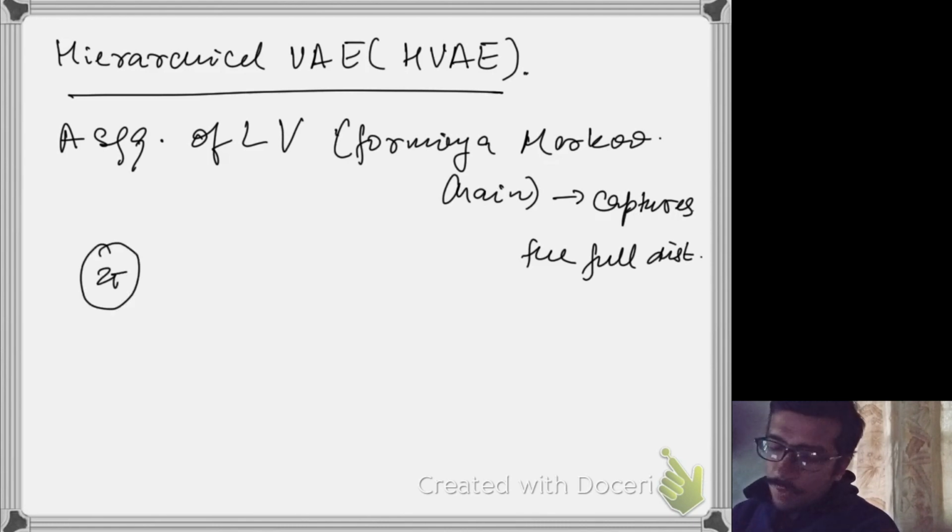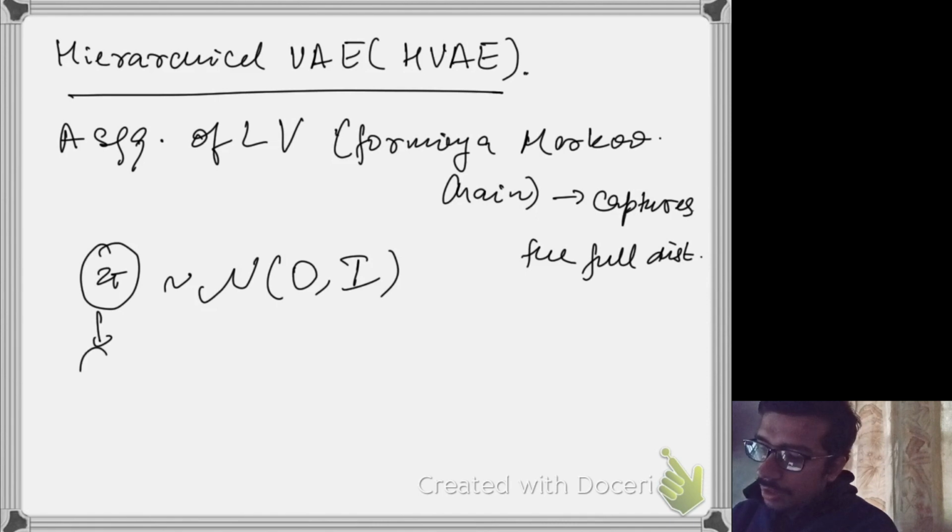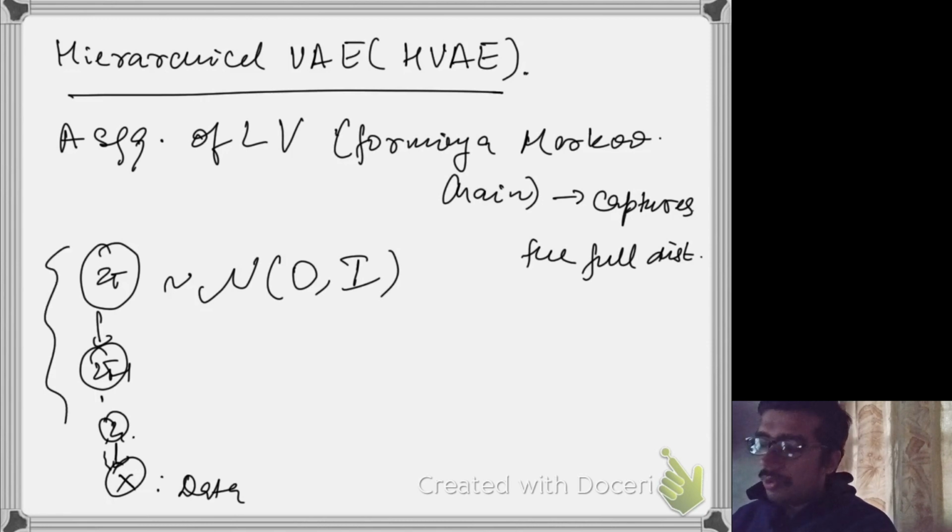So here first we have a latent variable z_T, which is normally distributed with mean 0 and covariance identity. Conditioned on z_T, we have z_{T-1}, and then all the way up to x, which is our data. So essentially we have T latent variables z_1 up to z_T, and overall the joint distribution is defined via this Markov chain.